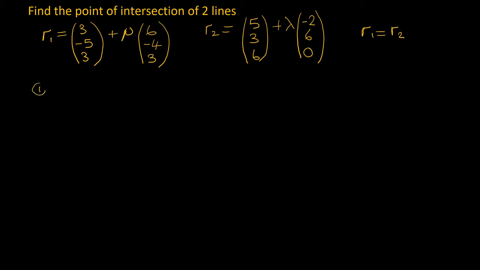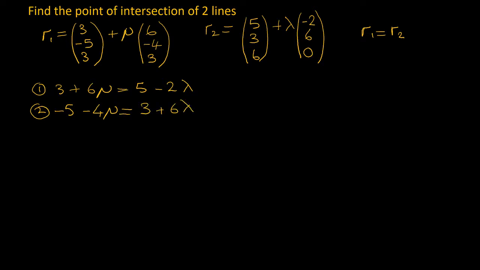So our first equation will be 3 plus 6 mu equals 5 minus 2 lambda. Our second one will be minus 5 minus 4 mu equals 3 plus 6 lambda, and our third one will be 3 plus 3 mu equals 6.